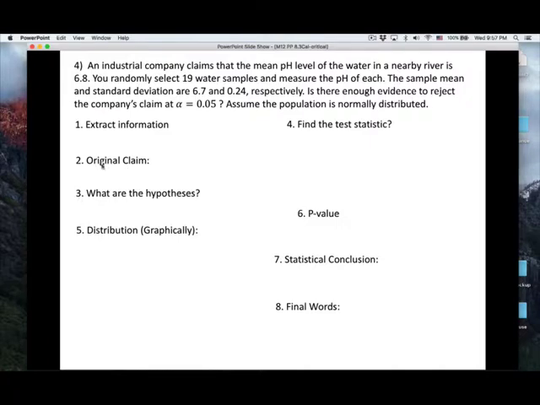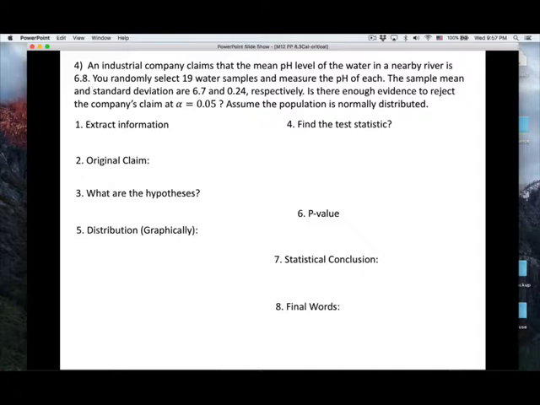Okay, first, find your claim statement. Which sentence will be your claim statement? It should be the first sentence here, right? An industrial company claims that the mean pH level of the water in a nearby river is 6.8. So this first sentence is your claim statement.